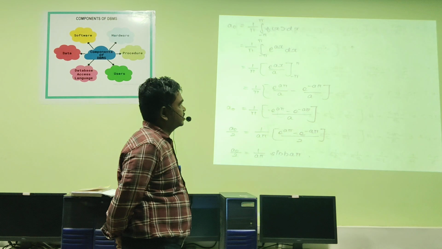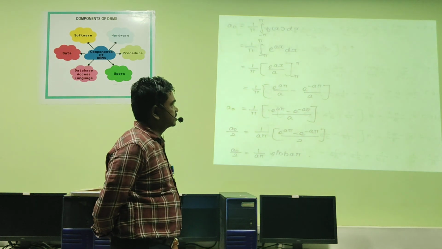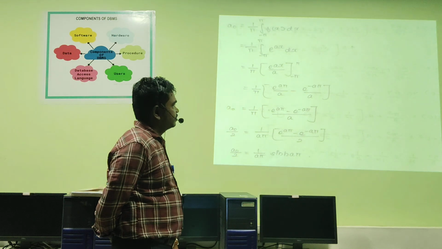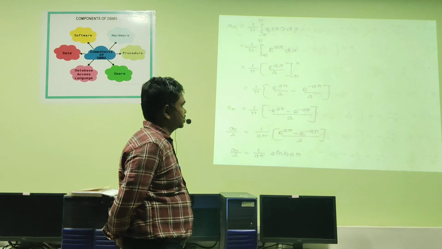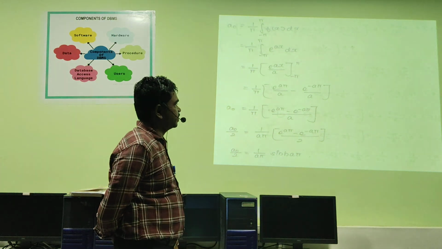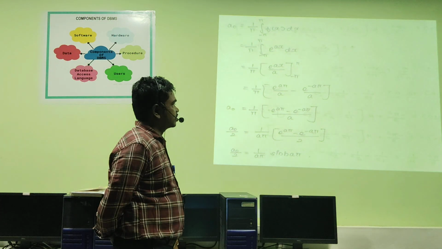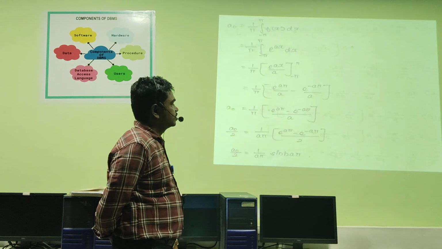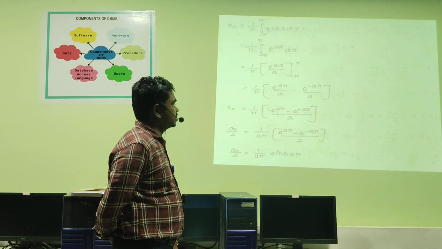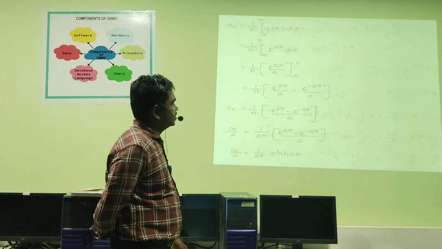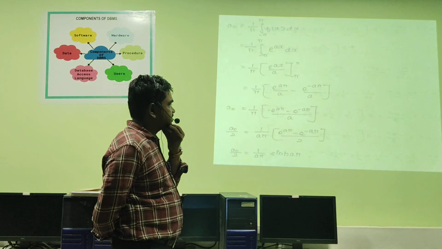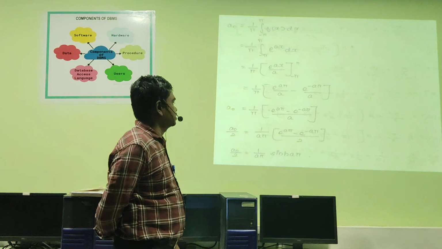Using the upper limit pi and replacing x, that is e power a pi by a, minus the lower limit minus pi, that means e power minus a pi by a. So a is common in the denominator. So after simplification a0 equals 1 by pi times e power a pi minus e power minus a pi by a.